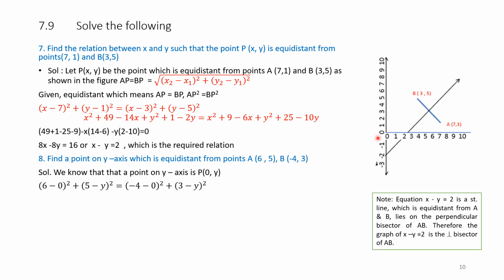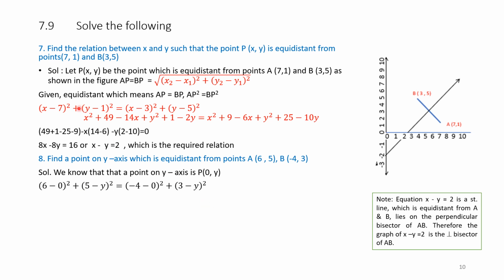We are assuming P here and finding AP and BP, and substituting these values we get 6 minus 0 whole square plus 5 minus y whole square equals minus 4 minus 0 whole square plus 3 minus y whole square.